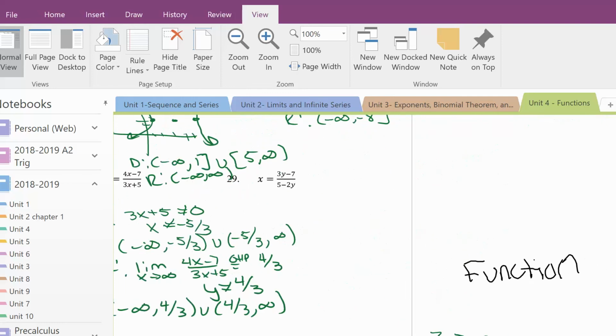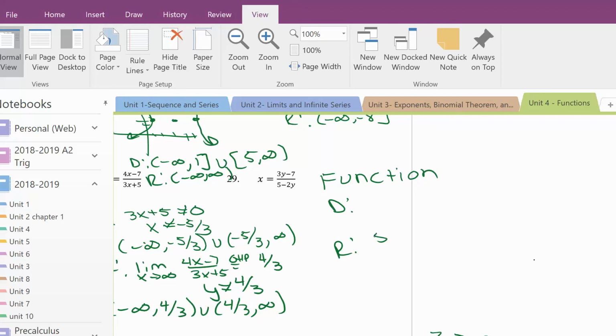And last but not least, 29 is also a function. And doing the reverse, so now the range is what makes the denominator equal to 0, and in that case, y cannot equal 5/2, which means negative infinity to 5/2 union 5/2 to infinity.